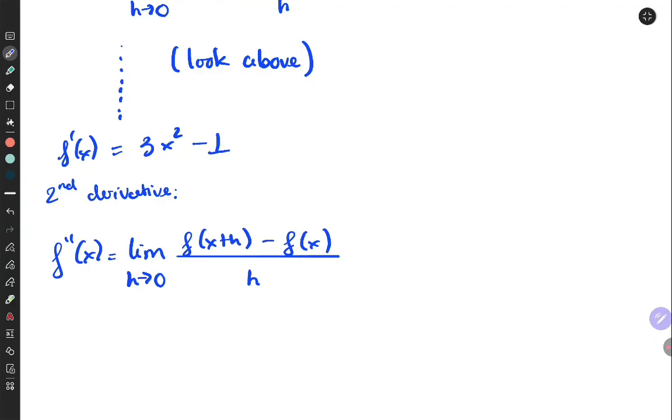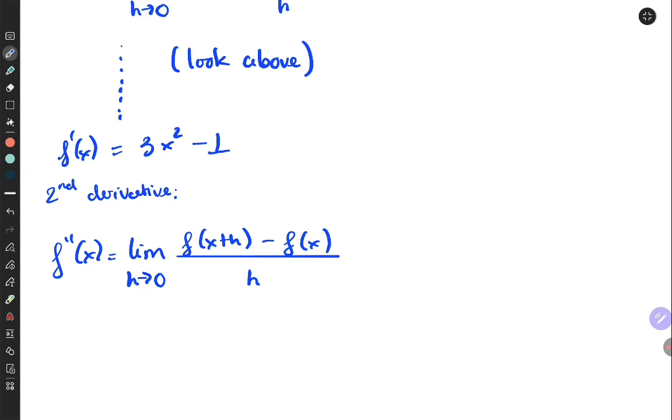Second derivative is derivative of derivative, right? You take the derivative of this one. So inside this formula, which function are you using? If you write it as f of x, you're going to write the original one above. Nope. You are using the derivative.